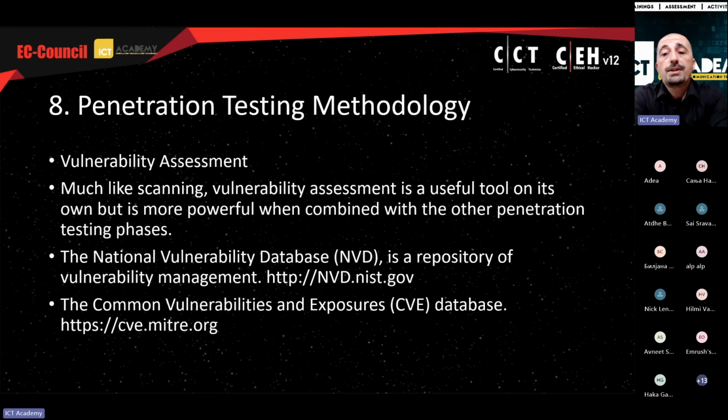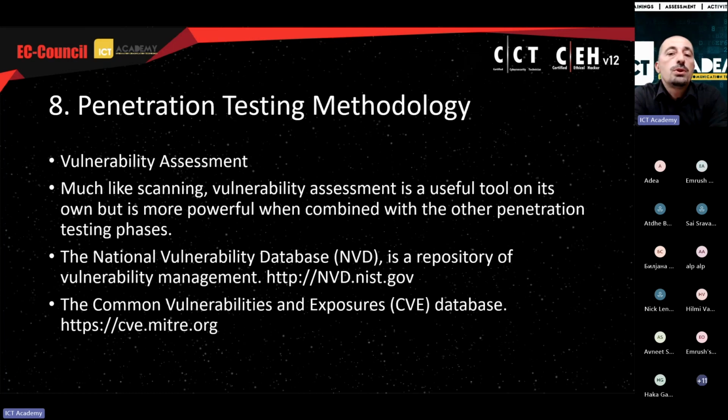The third penetration testing phase, as we mentioned, is vulnerability assessment, in which the testers use all the data gathered up to that point, in the reconnaissance first step and the scanning phases, to identify potential vulnerabilities and determine whether they can be exploited or not.